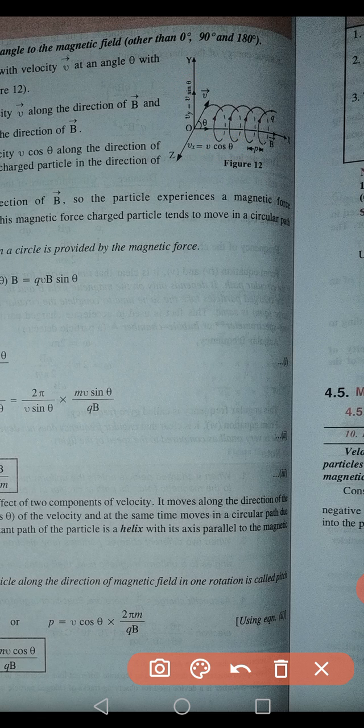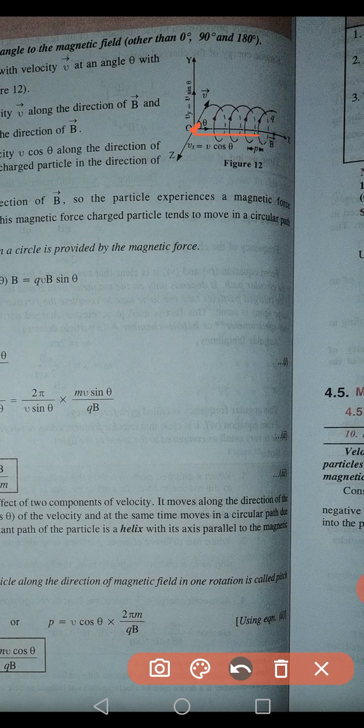For the v cos theta component, the particle is released from here and will drift towards this side. So for v cos theta it will go some linear distance.